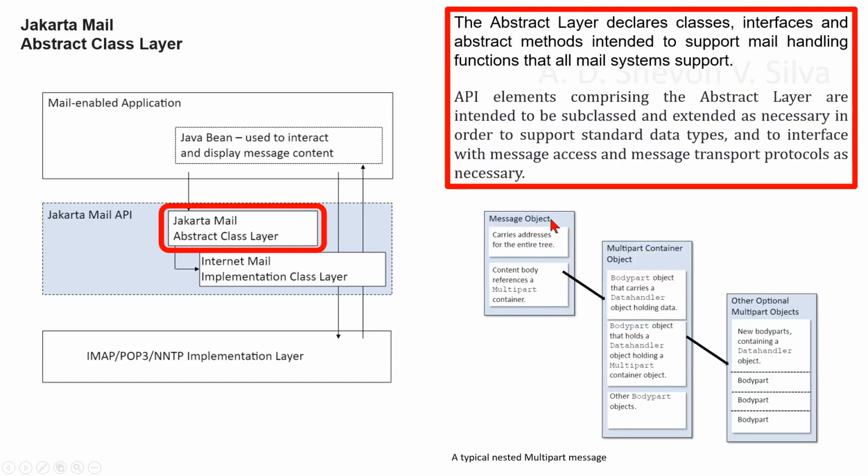Here you can see a typical nested multipart message. Note that multipart objects can be nested to any reasonable depth within the multipart message in order to build an appropriate structure for data carried in the data handler objects.